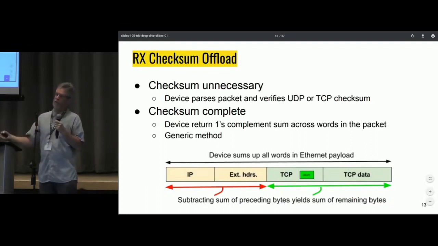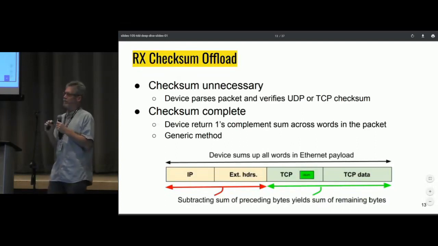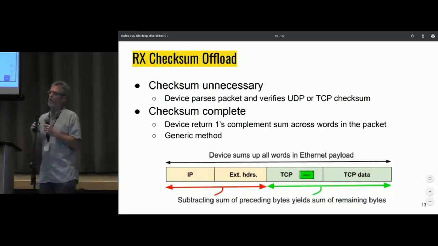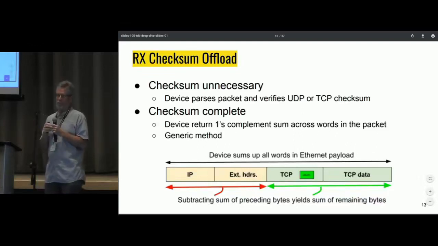So it does a one's complement checksum, computes the pseudo header, adds them, and checks if the result is 0. If it is, the checksum has been verified, and it sets a bit in the receive descriptor to inform the host that it's verified the checksum. So again, that is protocol specific.